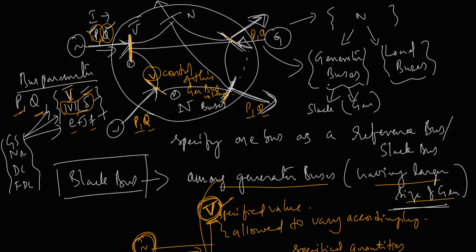So generator buses can again be divided into one slack bus and the remaining as normal generator buses.